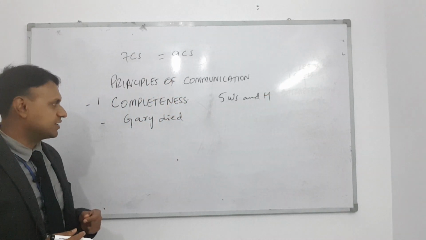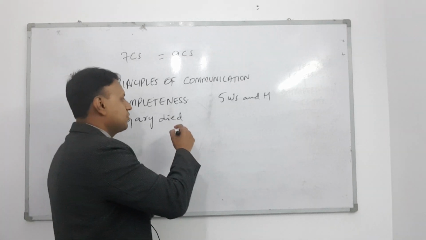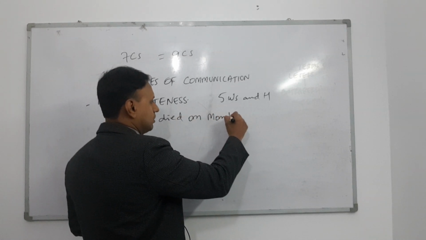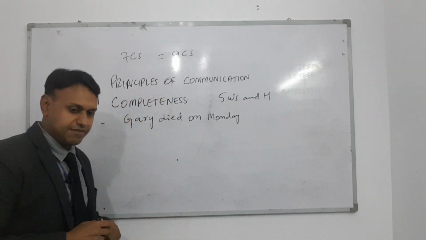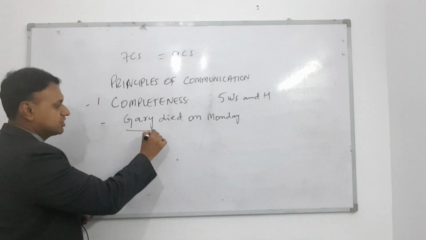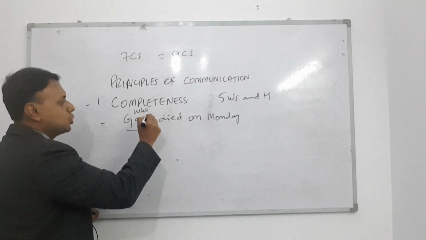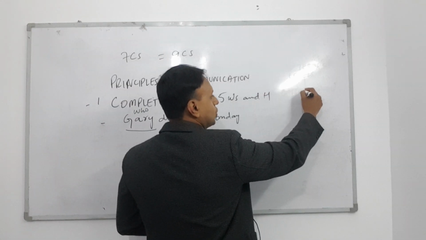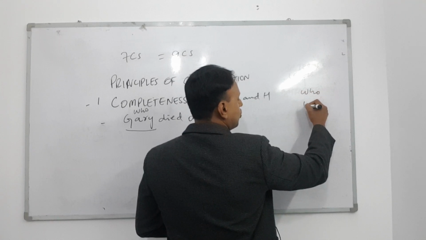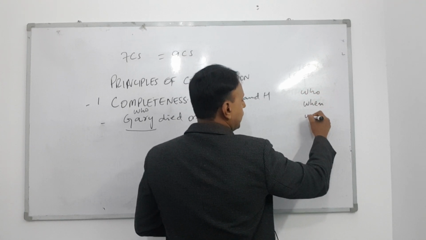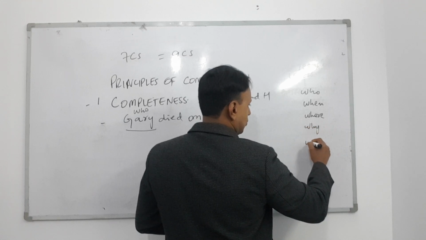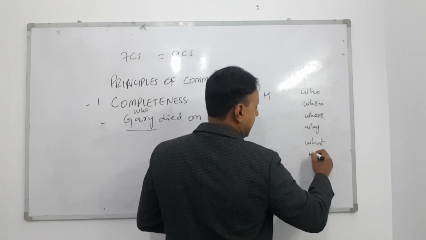So let's try and complete it. If I write "Gary died on Monday," you see I've covered one concept here of W, that is who. So 5 W's stand for who, when, where, why, what, and how.